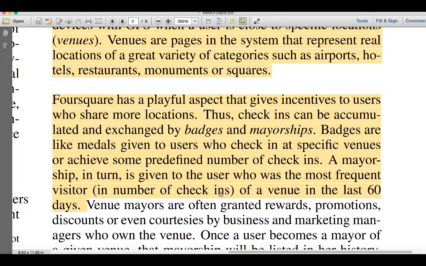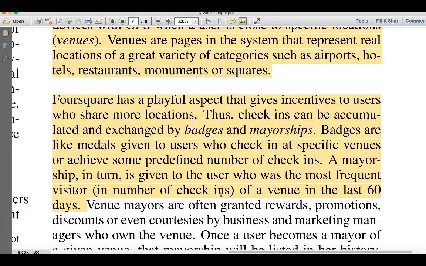The interesting aspect of Foursquare is that they've gamified it, which basically turns the platform into one where users get more incentive, more addicted, through this gamification nature: users get badges and mayorships here.